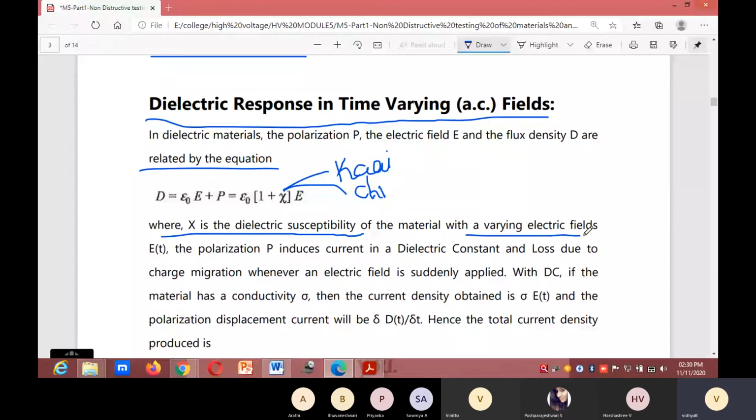With a varying electric field, the polarization P induces current in the dielectric.